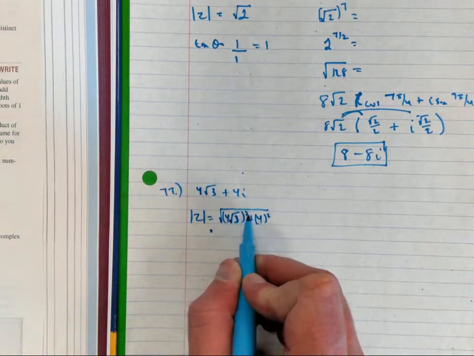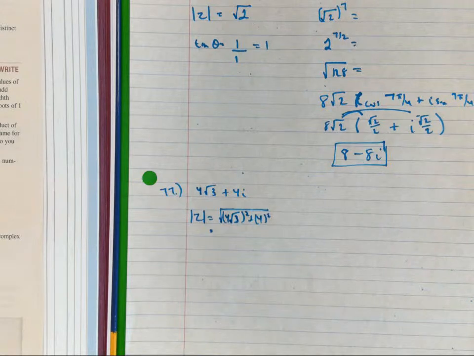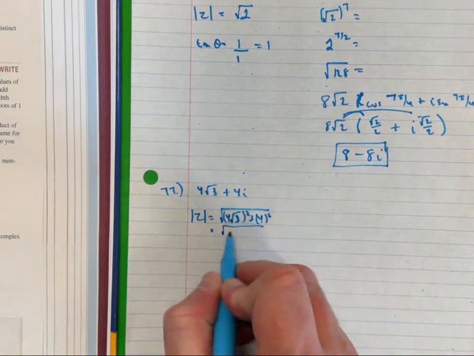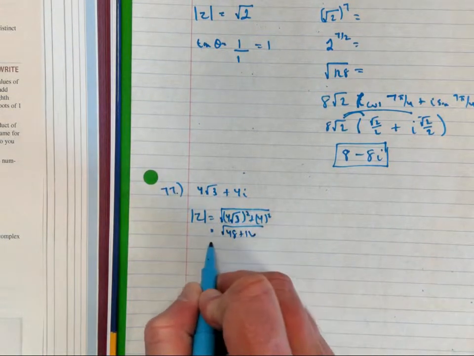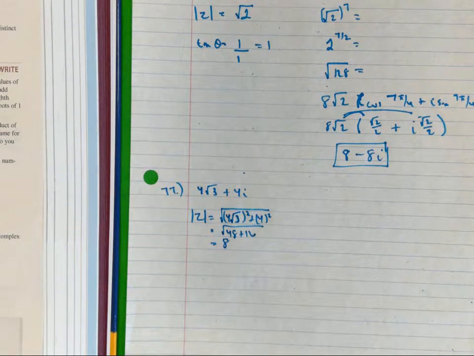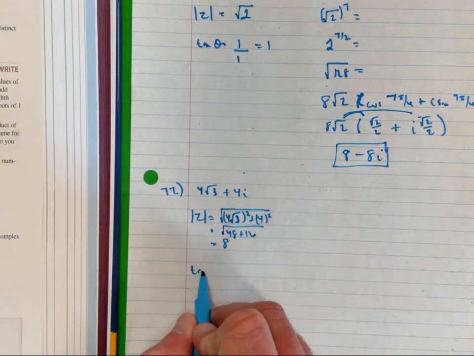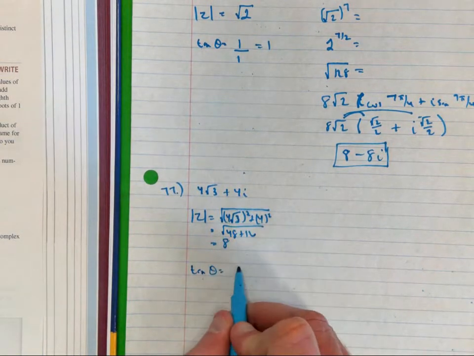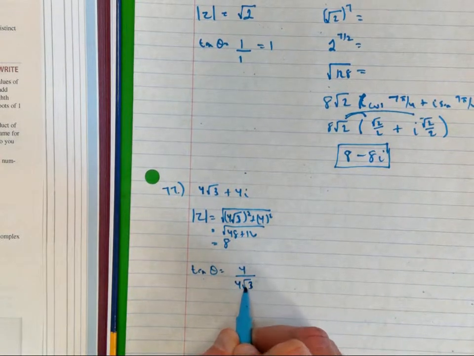All right, 4 squared is 16. 16 times 3 is 48. Plus 16 is 64. So square root of 64 is 8. Tangent of theta equals 4 divided by 4 root 3.